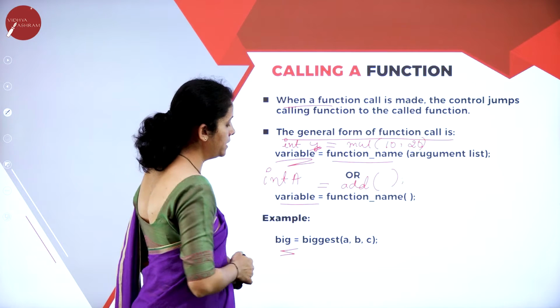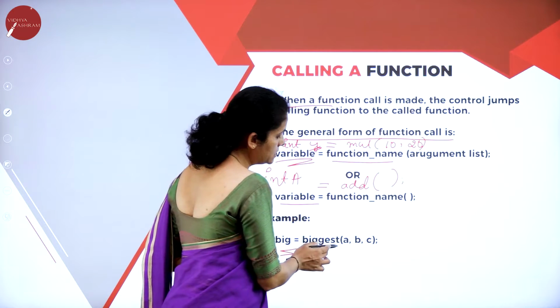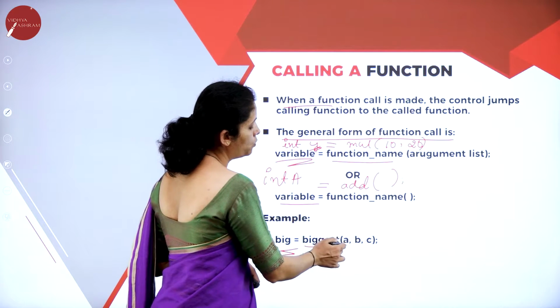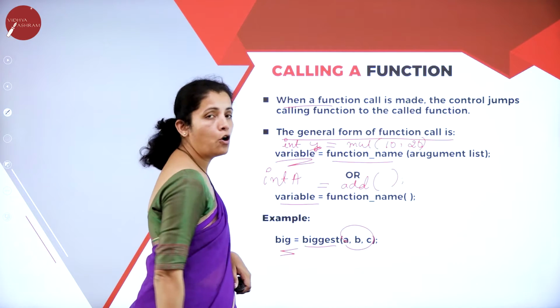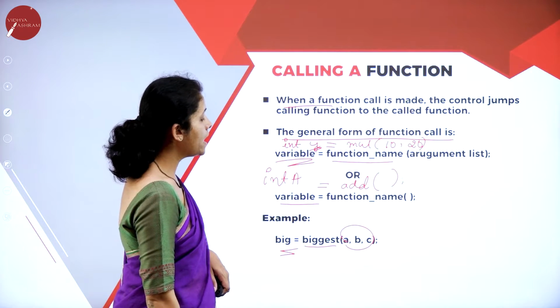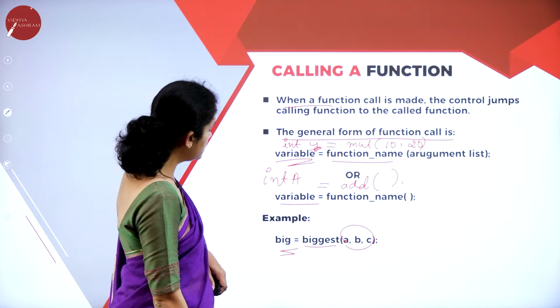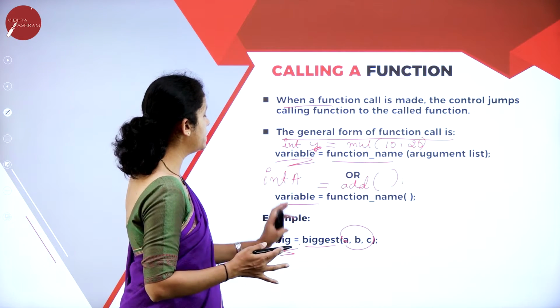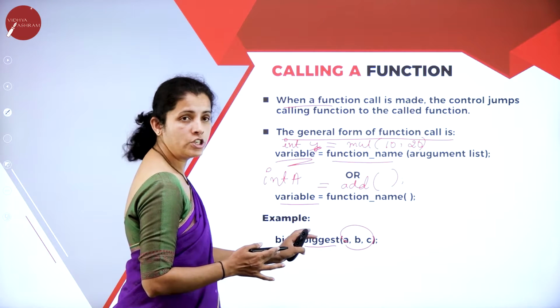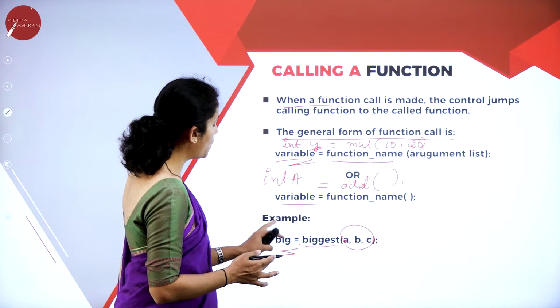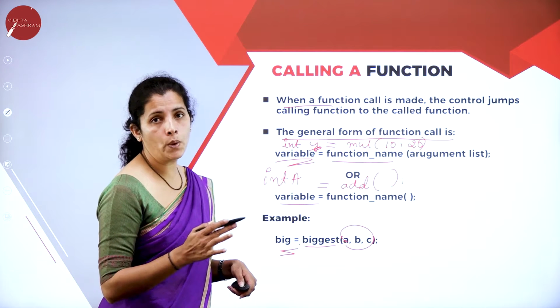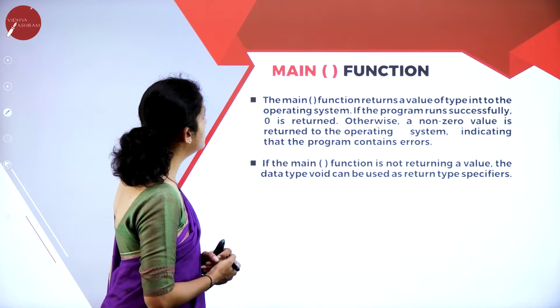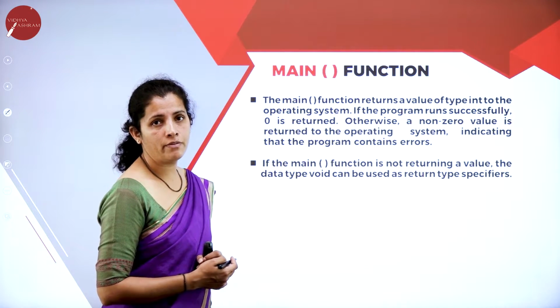Here is another example: biggest is my function name and I'm going to pass three arguments, that is a, b and c. And whatever return value I get from the biggest function, I'm going to store in my big variable.